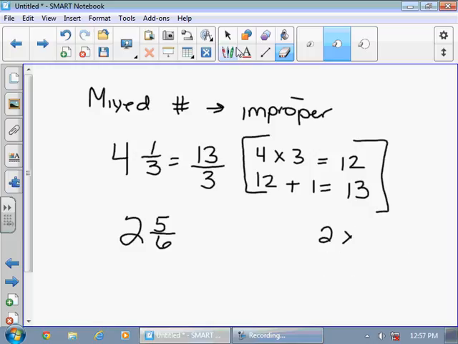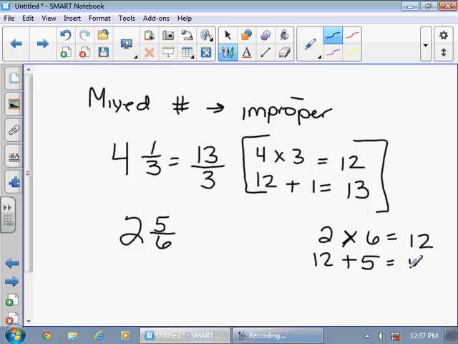I'm sorry, that was my bad. 2 times 6, which is, and now I'm going to take this product and add my numerator, which was 5, and I get, you got what? 12 plus 5? So 17 is my numerator, and what's the denominator?